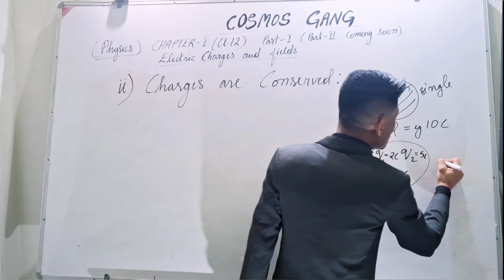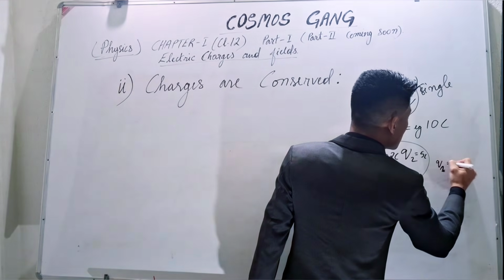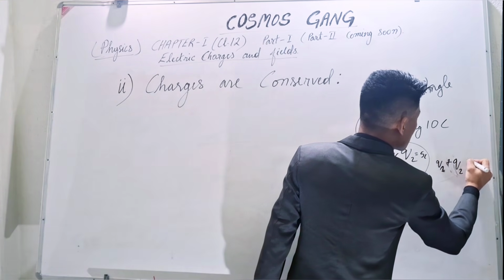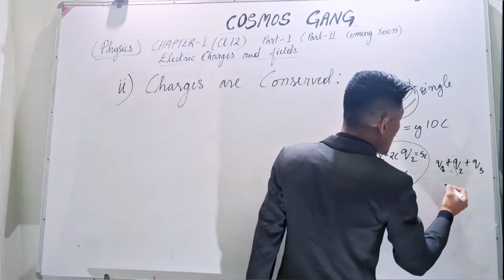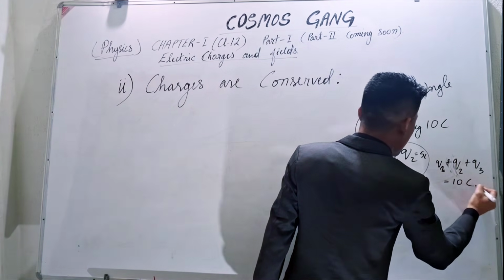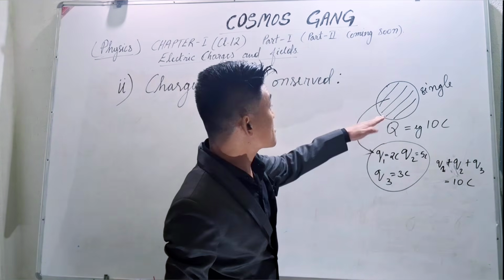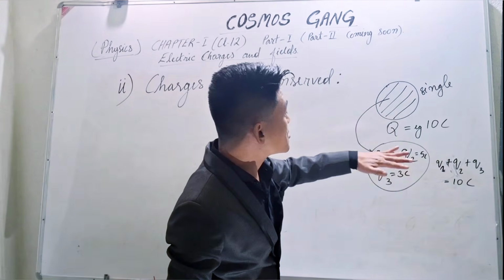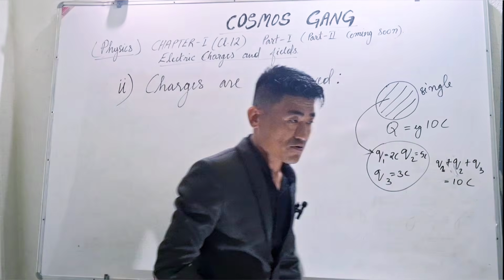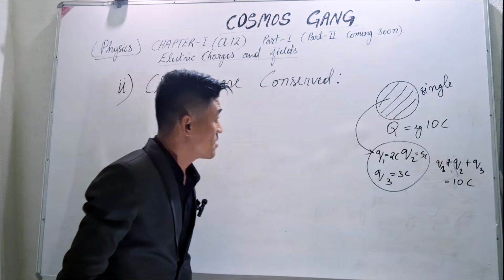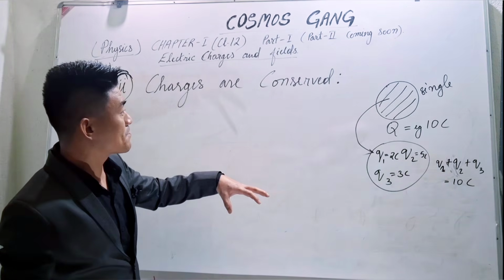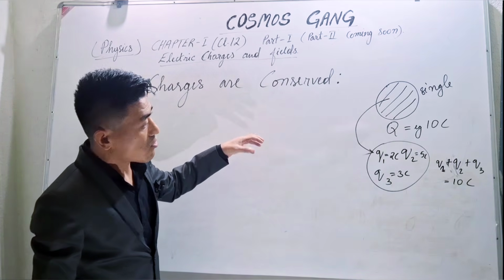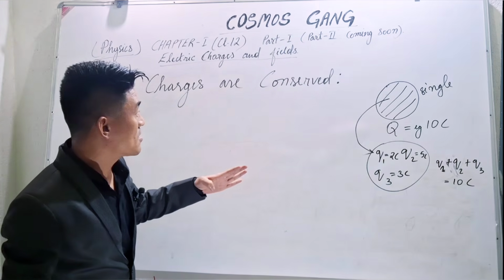Now when I add Q1, Q2, Q3, I get the same total as 10 coulomb, which means that while breaking down a single charge into different charges, there is no loss or gain of charge. This shows that charge remains the same as a single charge or as it breaks off.